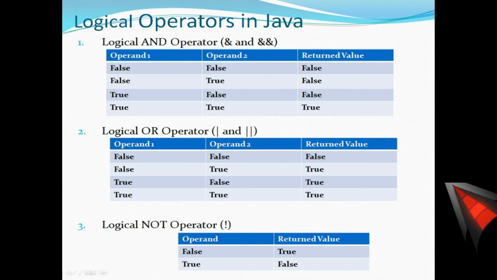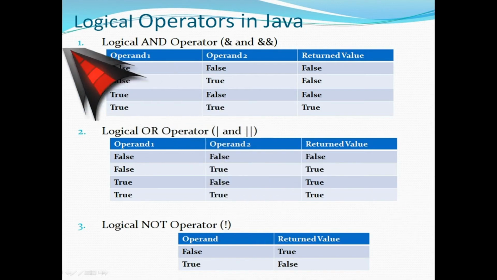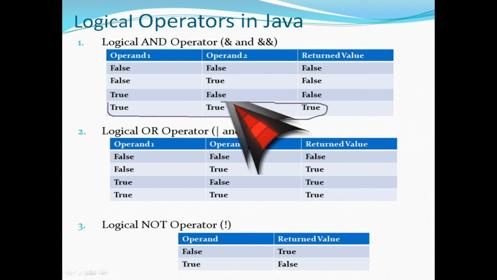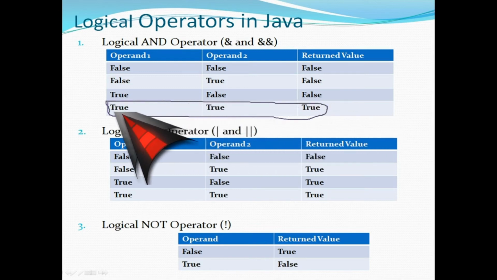Apart from that, we have logical operators, which are and, or, and not. AND means that both the conditions have to be true to get the result as true.